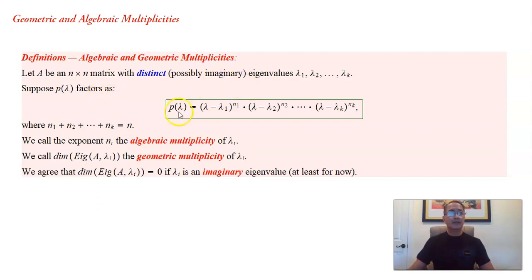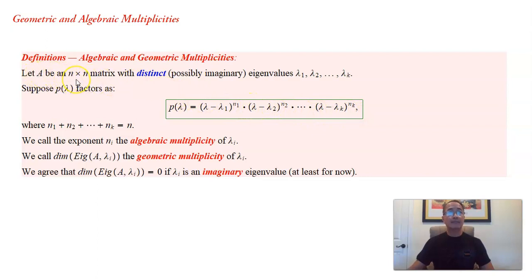Suppose that P of lambda factors as lambda minus lambda 1 to the power n1 times lambda minus lambda 2 to the power n2, and so on, up to the last eigenvalue, lambda minus lambda k to the power n sub k. So what should happen to these exponents, right?